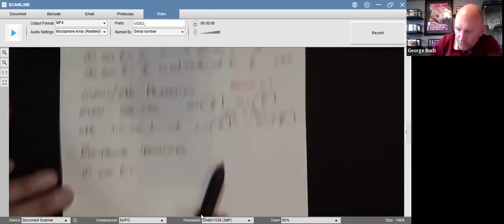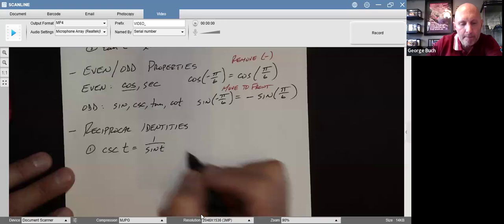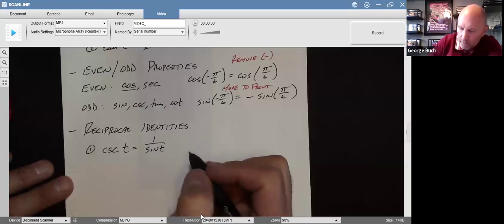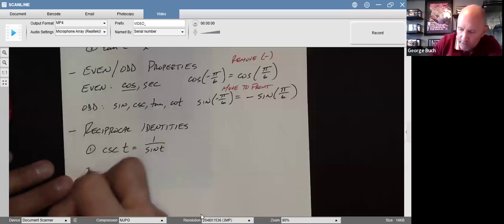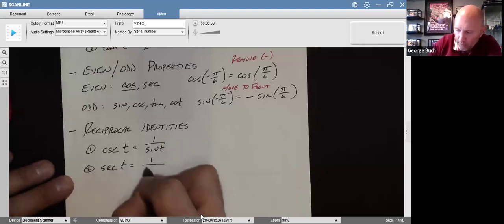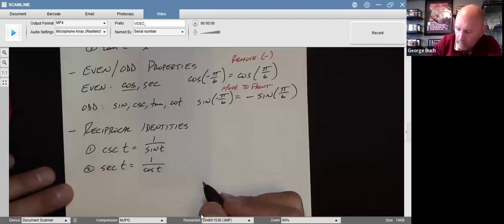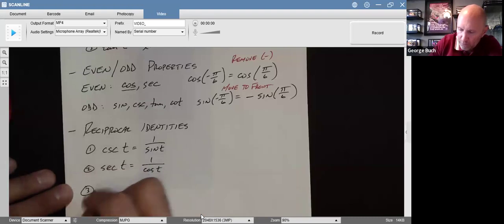Therefore, cosecant is just 1 over sine of t. Similarly, secant of t. Well, secant was 1 over x. What's x? Well, that's cosine of t. And then 3, cotangent of t is 1 over tangent of t.